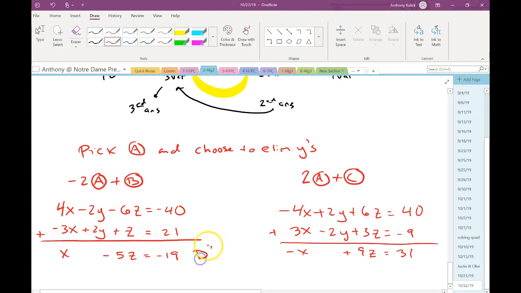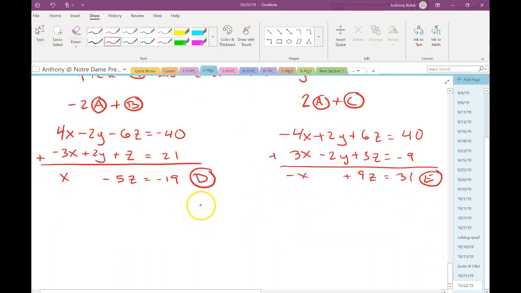I'm going to refer to this guy as equation D, and this guy is equation E. I'm going to put those two together, and those are going to become my new two-variable system.